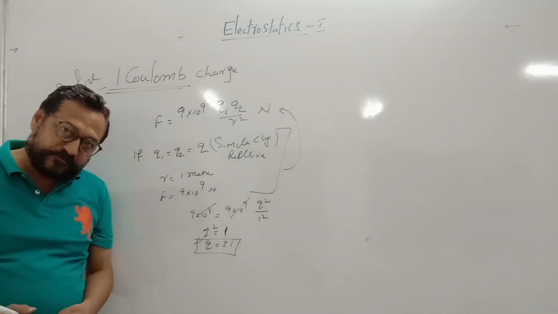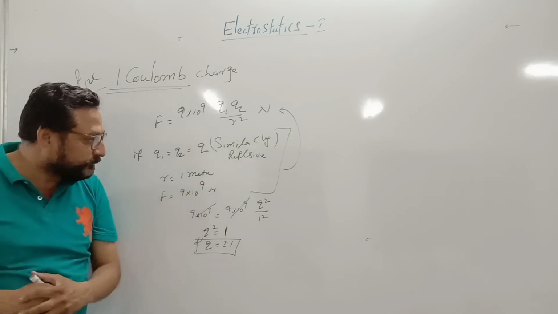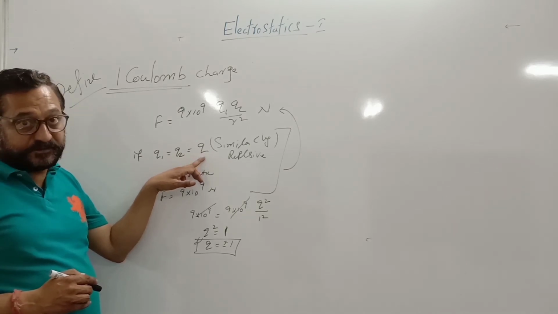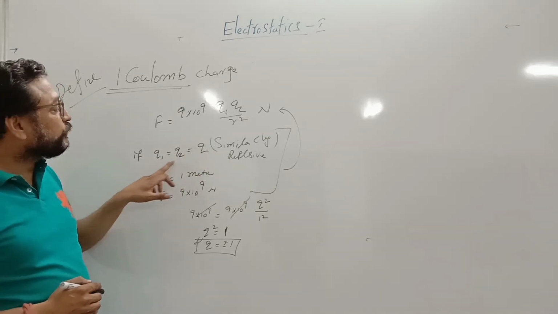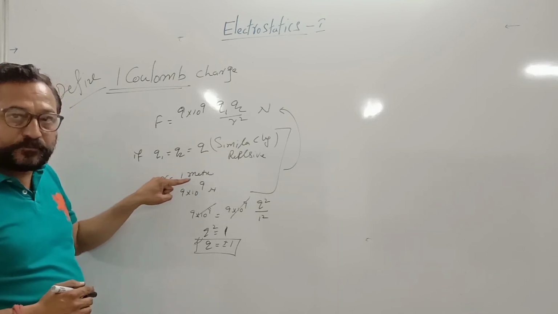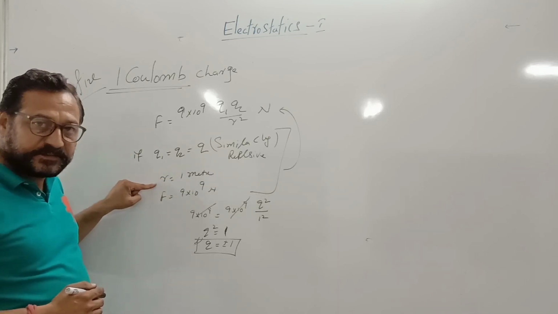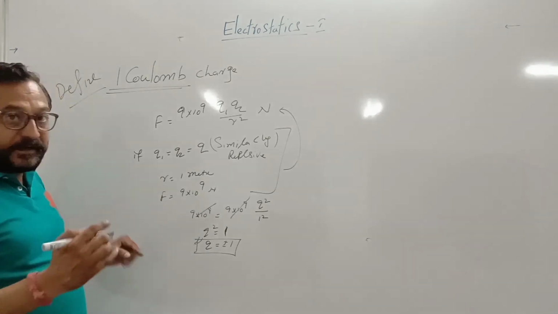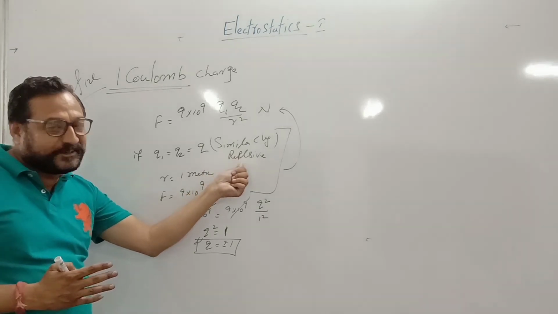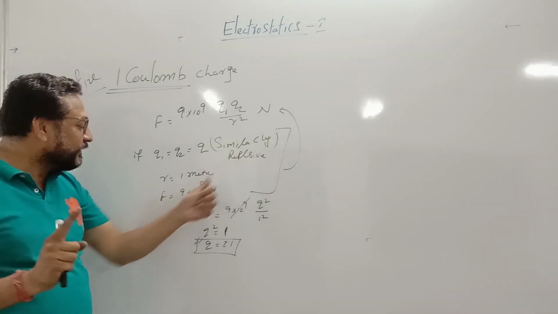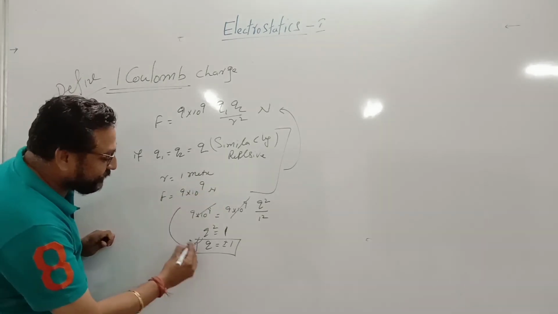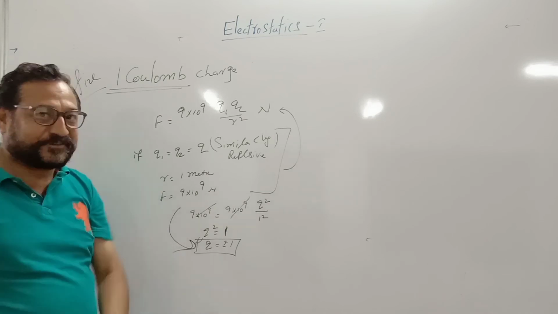What is the definition of 1 Coulomb charge? Please see on board again. When two equal and similar charges are kept at a distance of 1 meter and experience a force of repulsion of 9 into 10 to the power 9 Newton, then each charge is called 1 Coulomb charge.